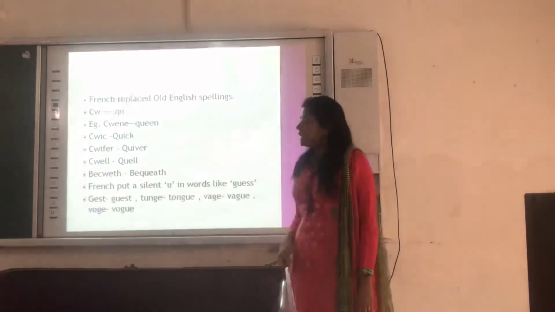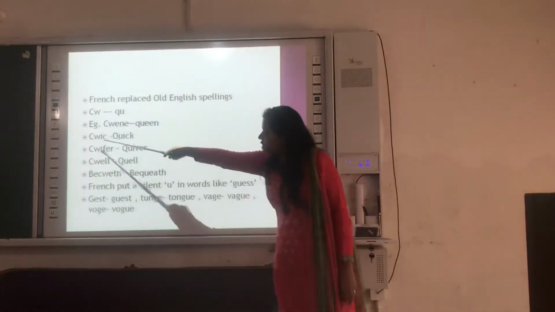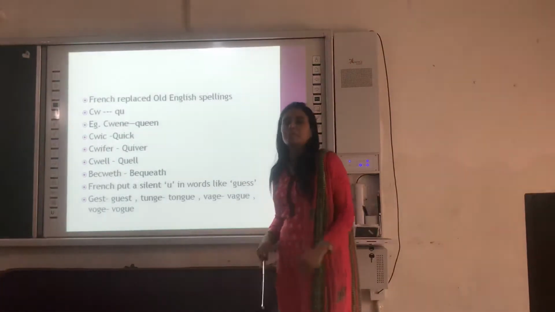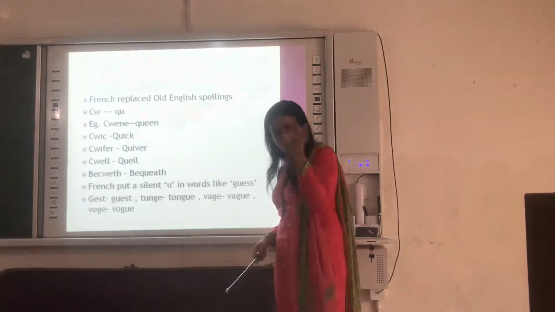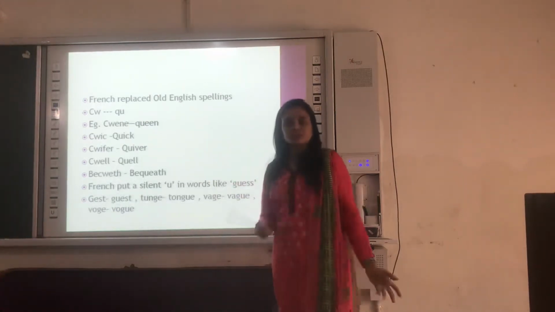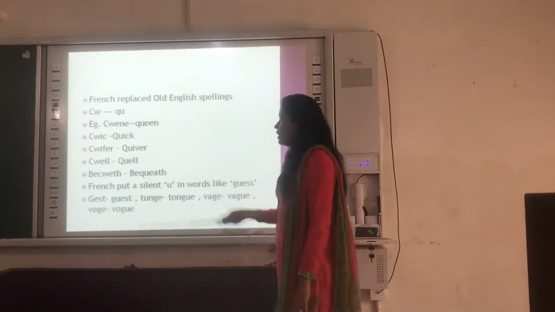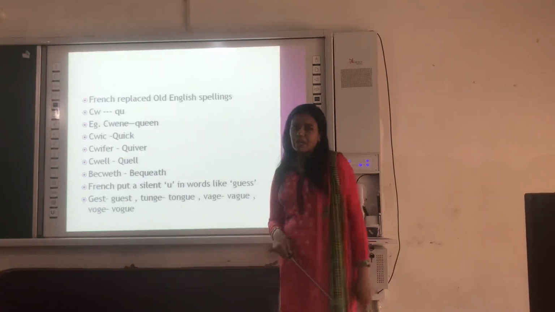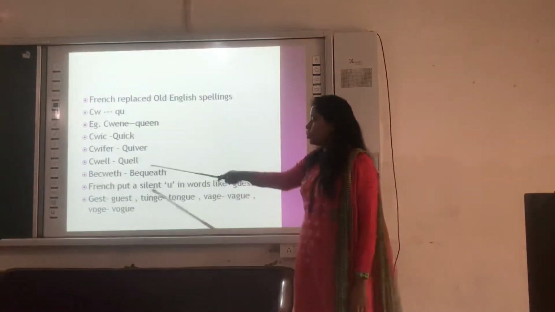Queen. Then, can you guess this word? What is it written? CWIC became QUICK. Quick. Then CWIFER changed to quiver. CWELL changed to quell. And similarly, bequeath.